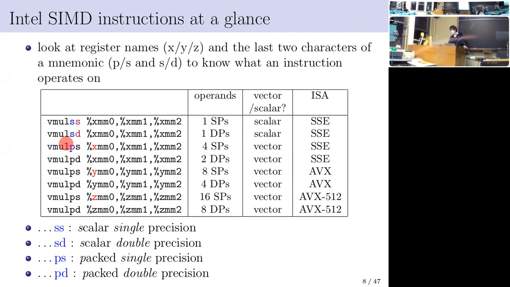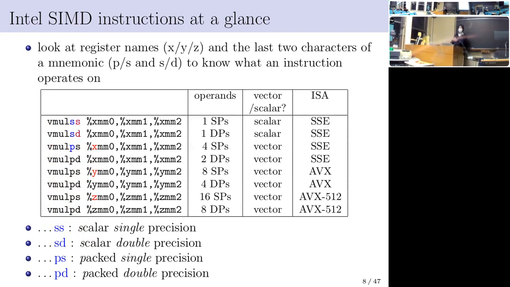But you have a variant of instructions having SS or SD in the last two characters. If the second last character is S, it means it is a scalar instruction, so it is not a SIMD instruction at all. That's why you need to be somewhat careful, especially because they all look very similar in instruction names, but what they are doing is very different.